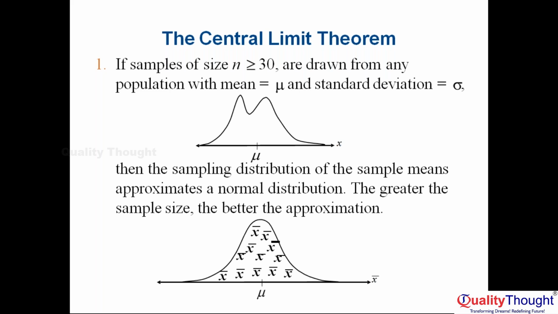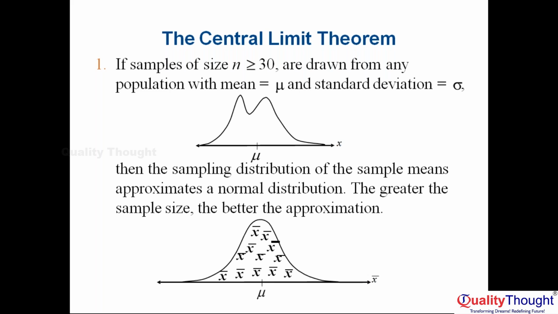If samples of size n greater than or equal to 30 are drawn from any population with mean equal to mu and standard deviation equal to sigma, maybe the resultant graph represents something like that, then the sampling distribution of the sample means will approximate the normal distribution.